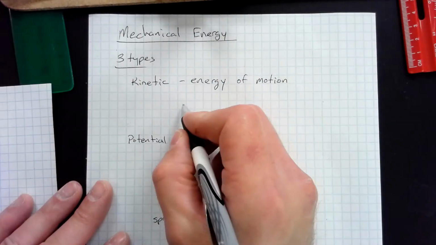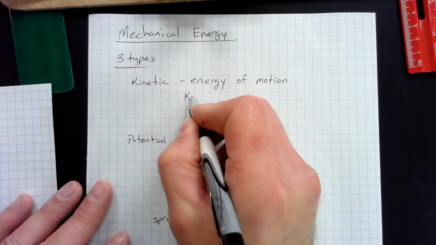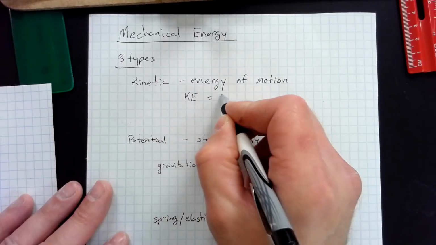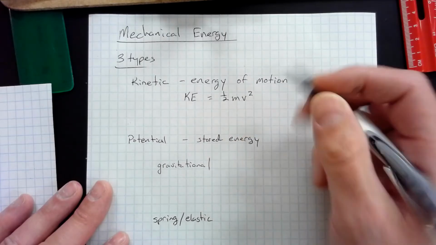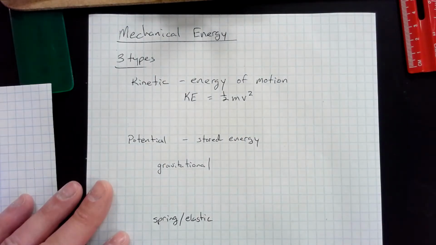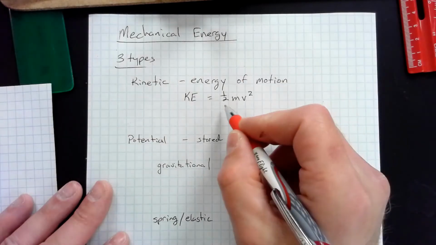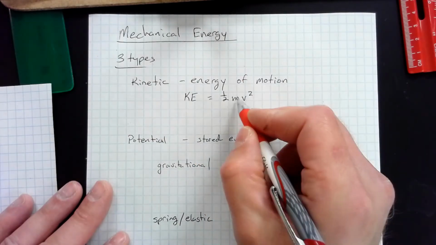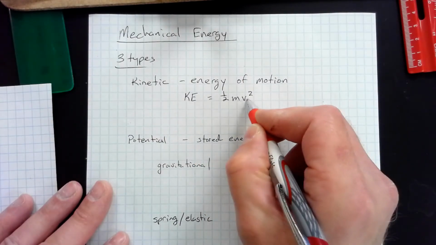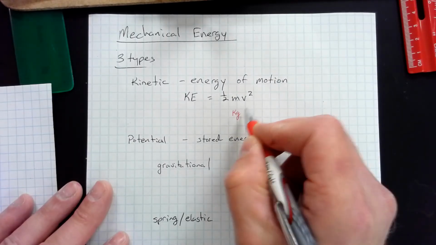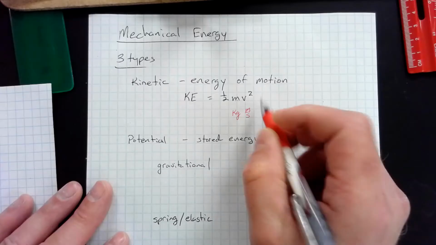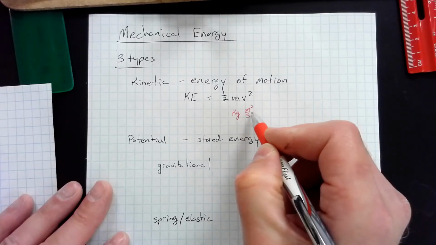So the mathematical relationship there is the kinetic energy is equal to 1/2 the mass of the object times the velocity squared. Now we're going to look at the units here too and figure out what energy's units are. The way we figure that out, we look at the units of what we're doing over here. Mass is in kilograms, velocity is in meters per second, but it's being squared, so it's meters squared over second squared.